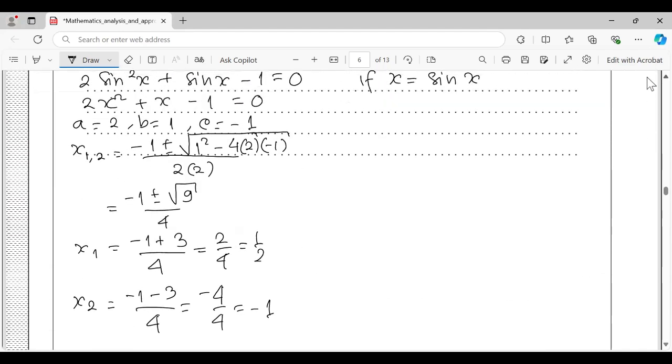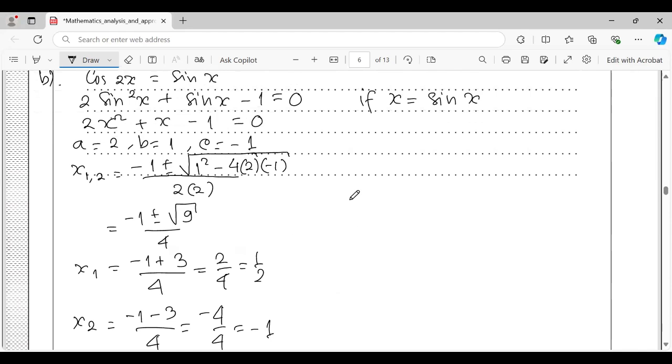Okay, so x1: sine x equals minus 1, which means x equals minus half pi.